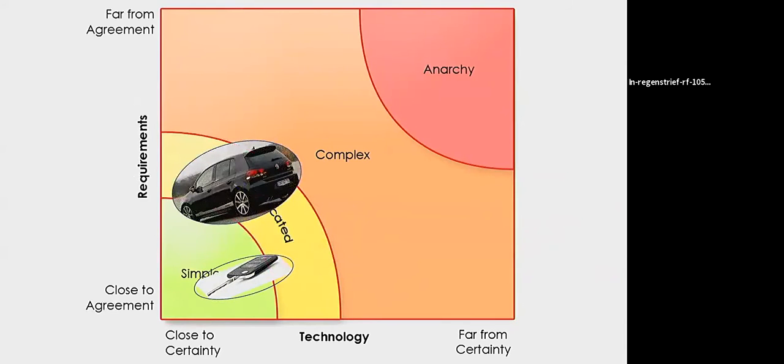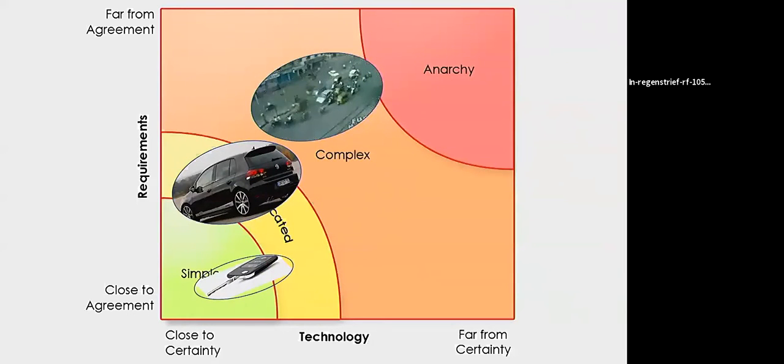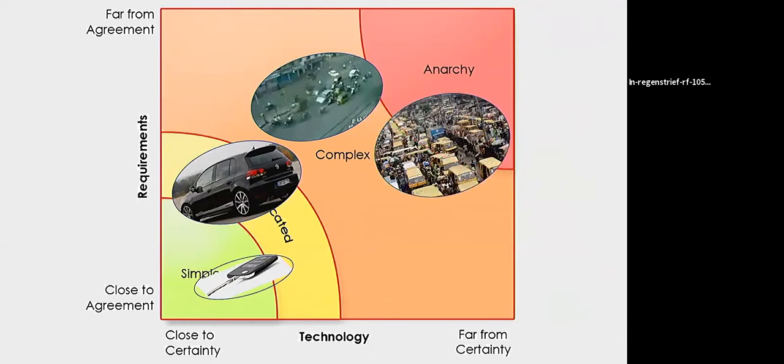The car itself is quite complicated because there are so many elements in it that you cannot immediately see how every element is going into it. But if you look at what happens if you put it into use, it becomes quite complex and very difficult to see what are the actual rules that are directing how people are doing. And the situation in, I think it's from a market in Calcutta, is complete anarchy. Nobody can move very much.